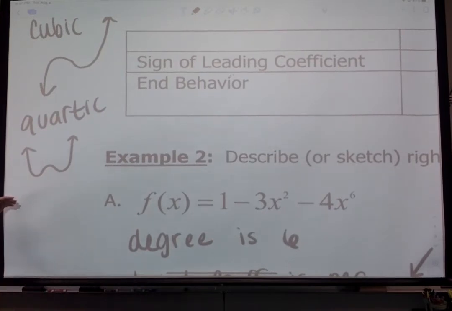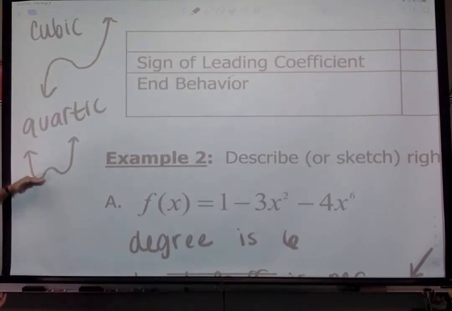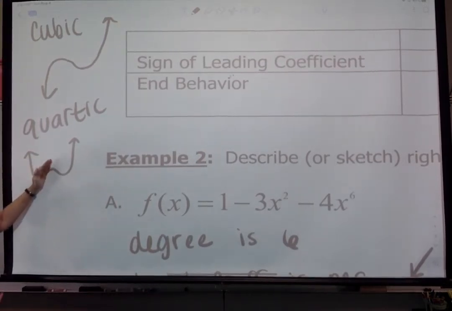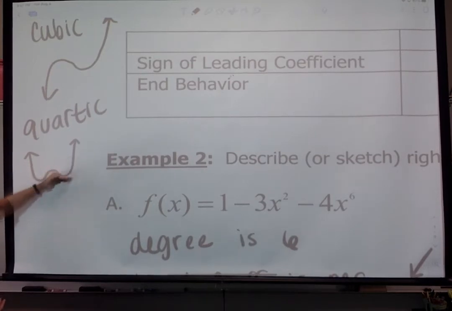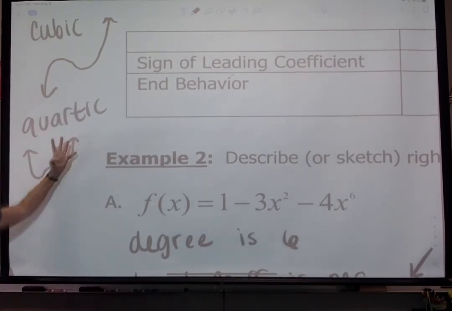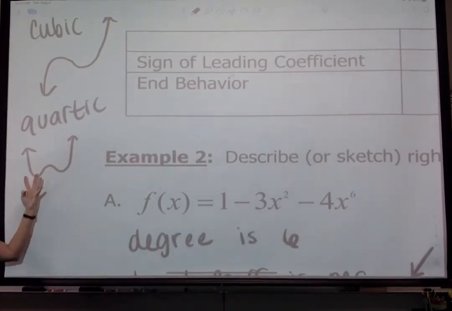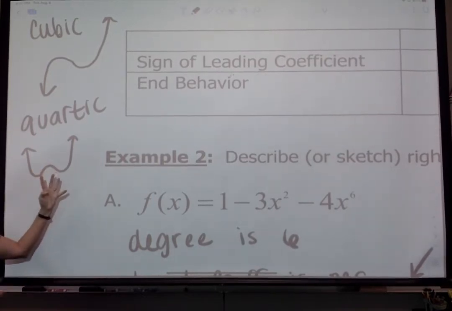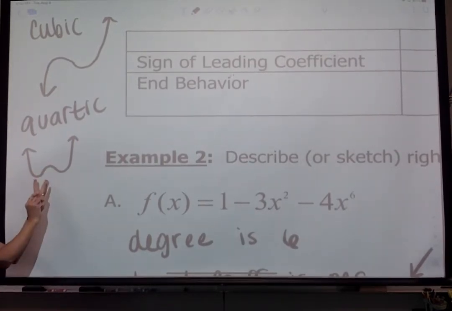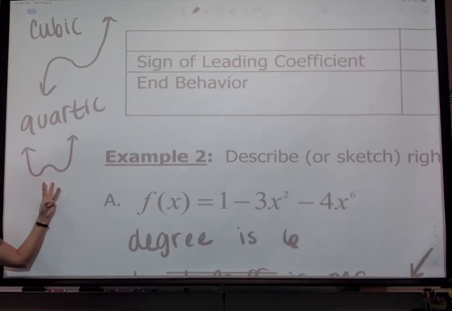And then turning points. A turning point is what we call when you have a maximum or a minimum. So this one, I would go, turning point, there's one. Another turning point, another turning point. This is a quartic. The most turning points it can have is 3.